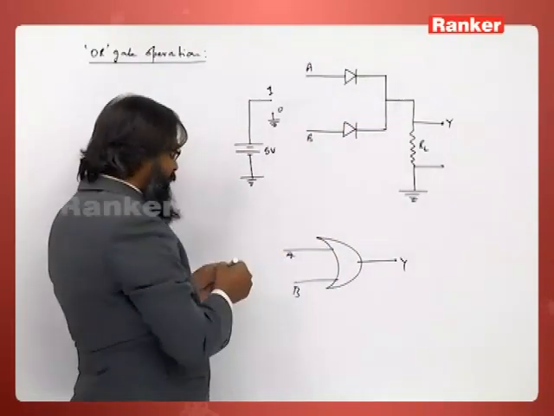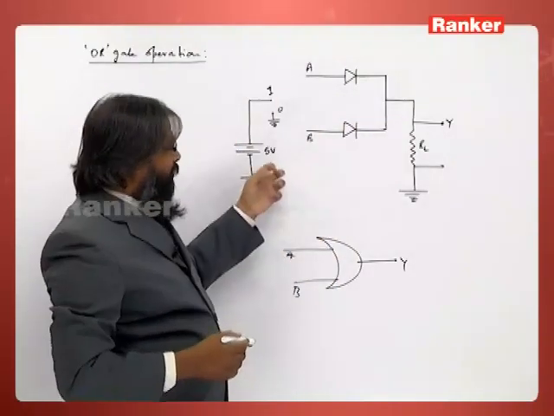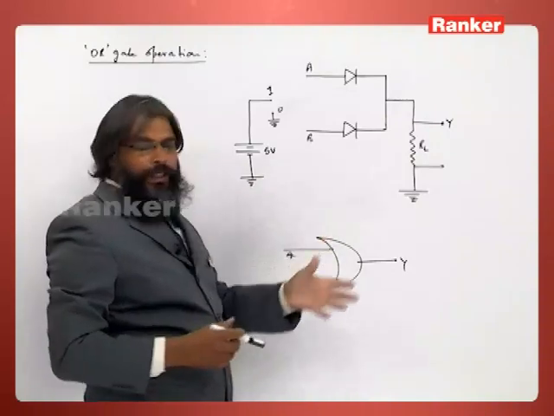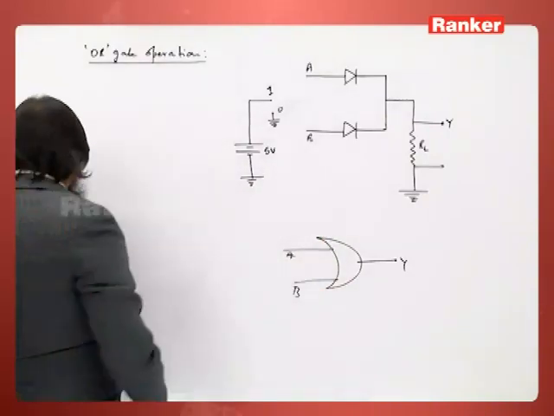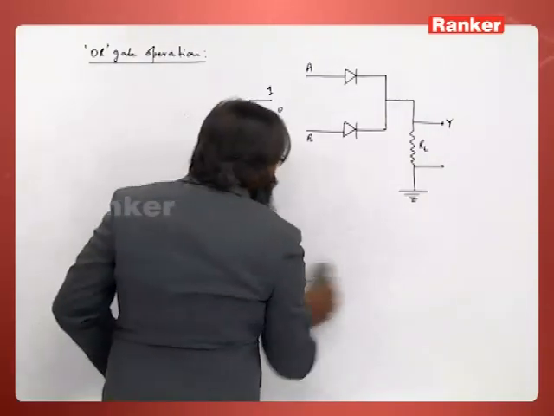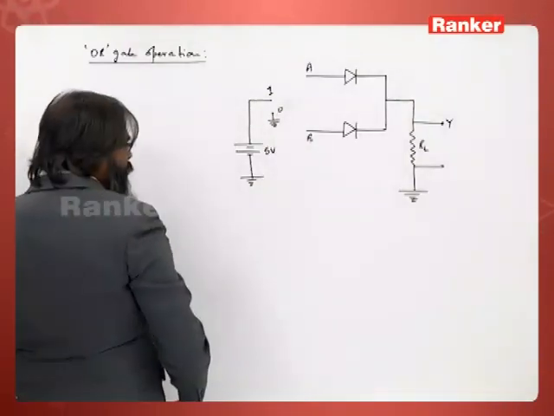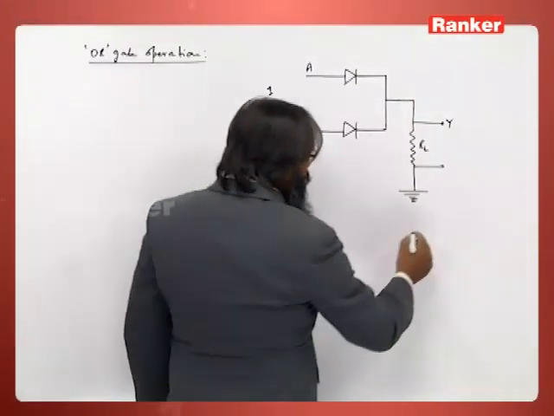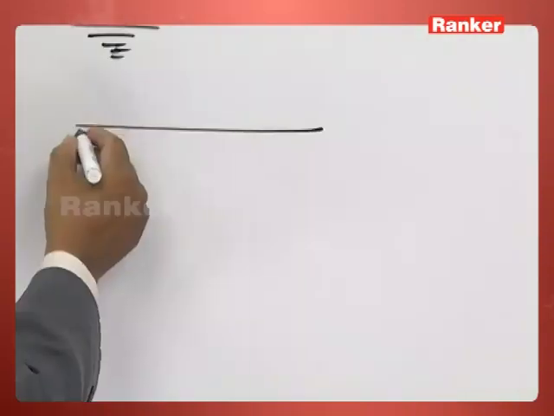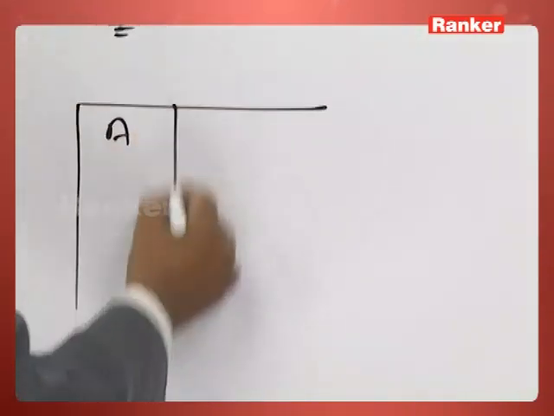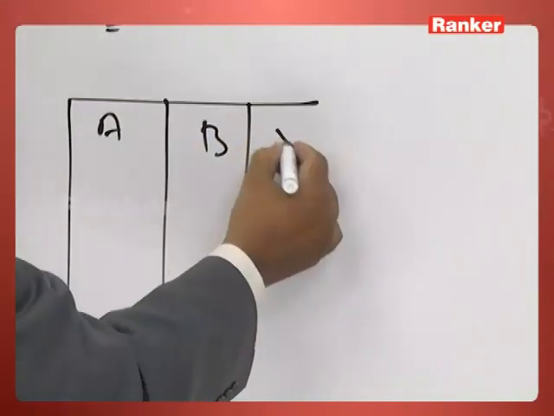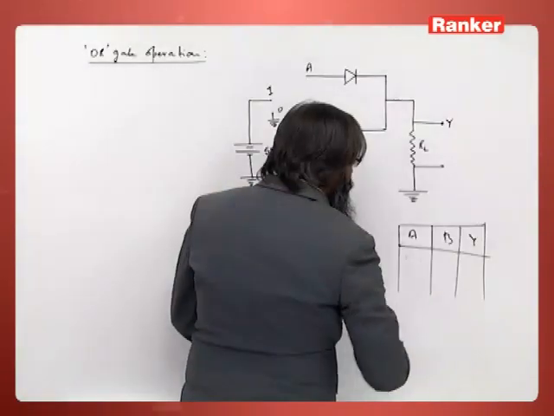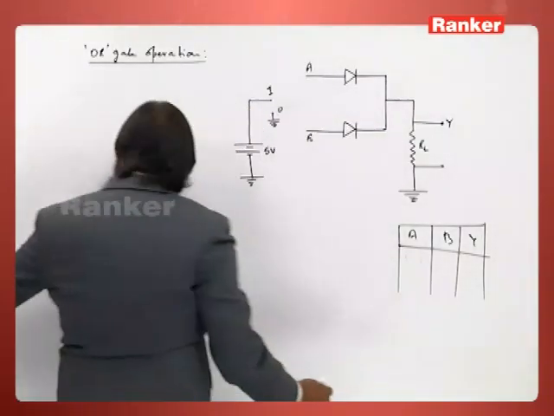Let us see how the device manages to produce such an output. Now let us write the truth table for this. The truth table has A, B and Y. We are going to write down the truth table here.